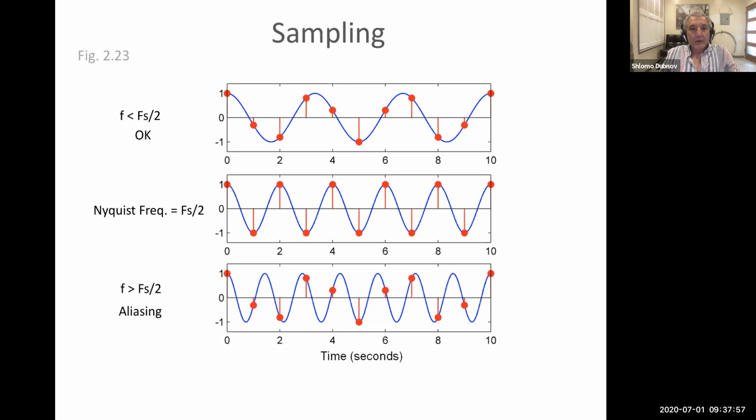It deals with the question of how many samples you need to take, which means how fast, or at what rate you need to sample a continuous signal in order to be able to reconstruct it or preserve the signal once you go back from digital to analog.